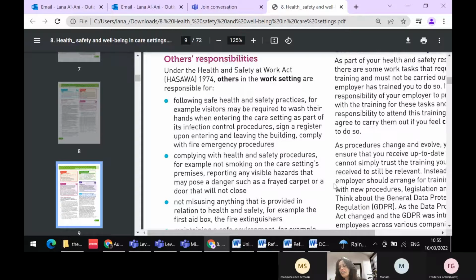Now what is other people's responsibility, like other employees? So under the Health and Safety at Work Act 1974, the other people in the work setting, they are responsible for. Can you think about things that they are responsible for?